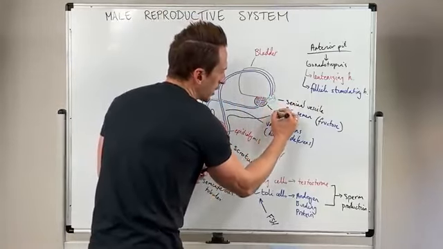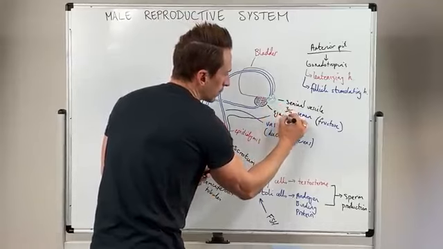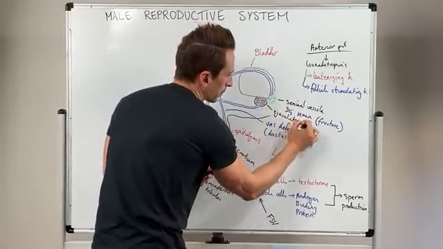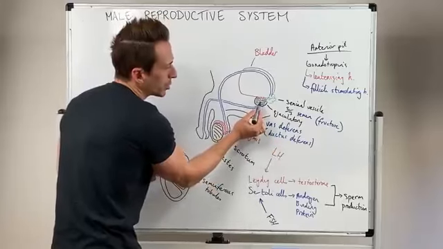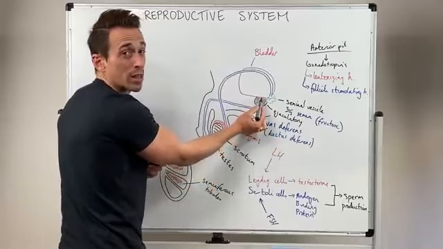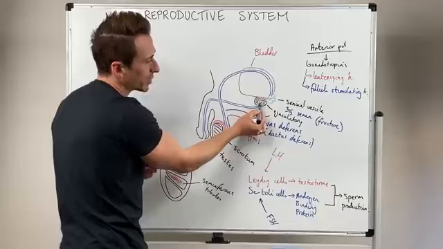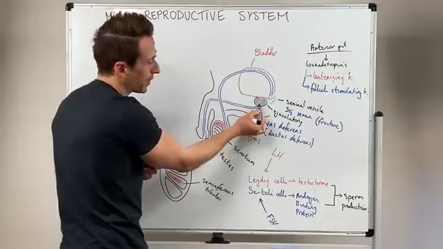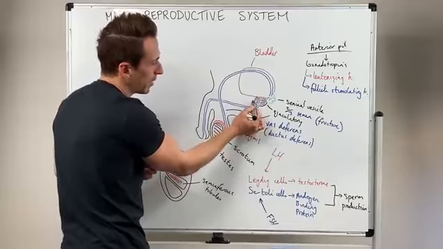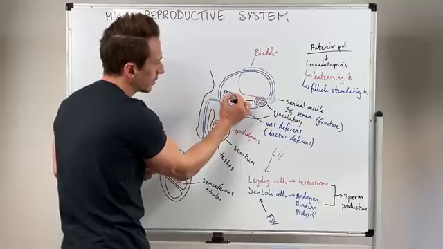Now you can see the ejaculatory duct will merge together with part of the urethra, which is coming from the bladder, and it forms the prostatic urethra. Now, this structure here is the prostate.